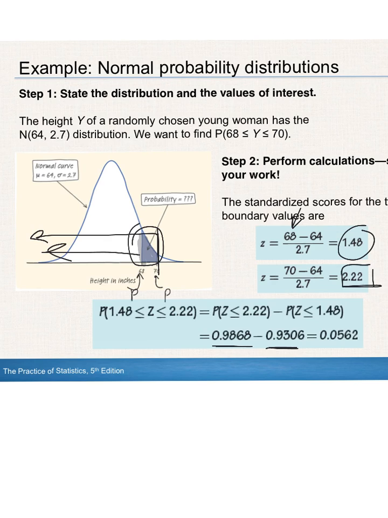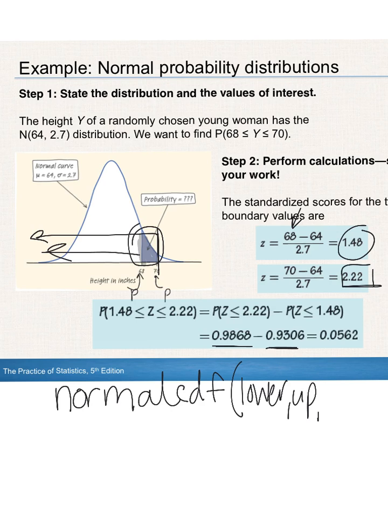If you're going to use the normal CDF, you need to make sure you show what's going on. You tell the reader this stuff, which is the normal curve that we have, which is 64, 2.7, and then you go ahead and put the information that you actually put in your calculator.